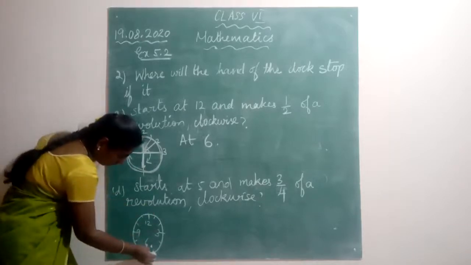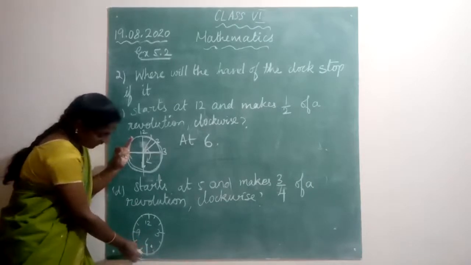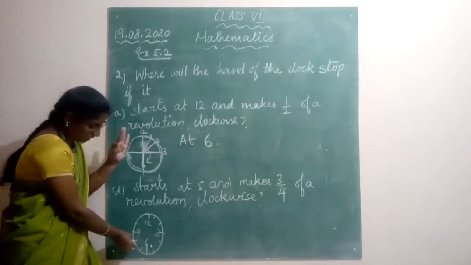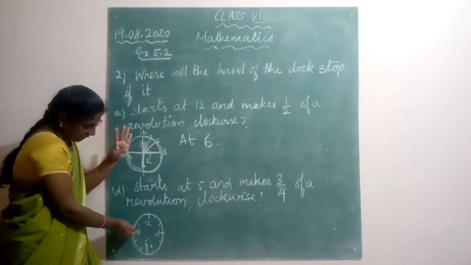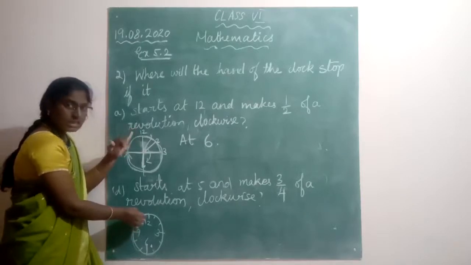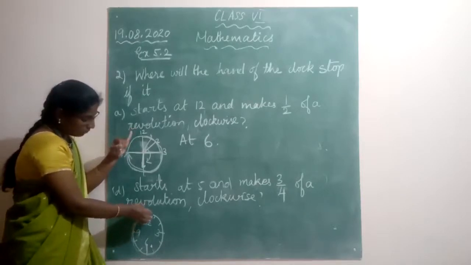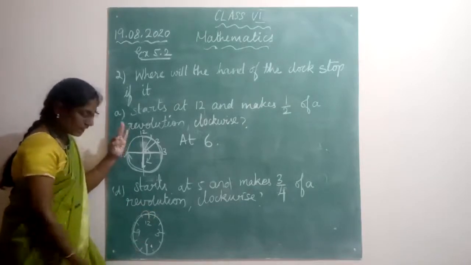5 to 6, 1. 6 to 7, 2. 7 to 8, 3. Then 8 to 9, 4. 9 to 10, 5. 10 to 11, 6. 11 to 12, 7. 12 to 1, 8.